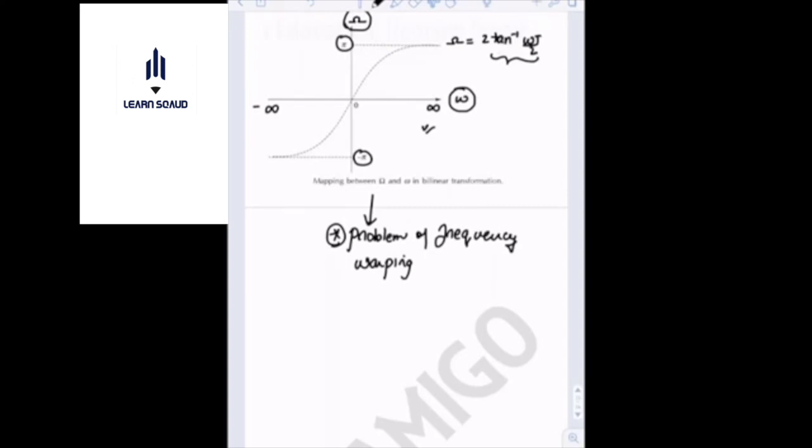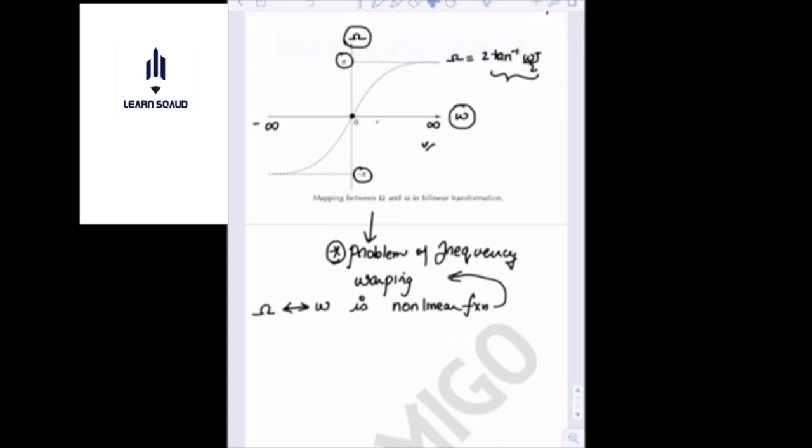Since the relationship between the digital frequency and the continuous frequency is a non-linear function, this is why frequency warping is happening. So now let's look at the meaning of frequency warping.